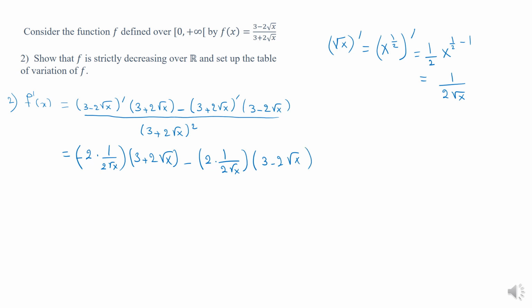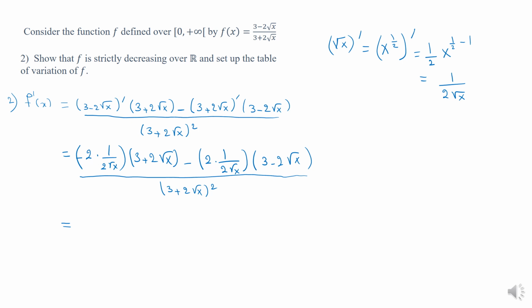This is because the derivative of 3 is 0, and this is the sum of two functions. So 0 minus the derivative of 2 radical x, and here the same, 0 plus the derivative of 2 radical x, over 3 plus 2 radical x squared.